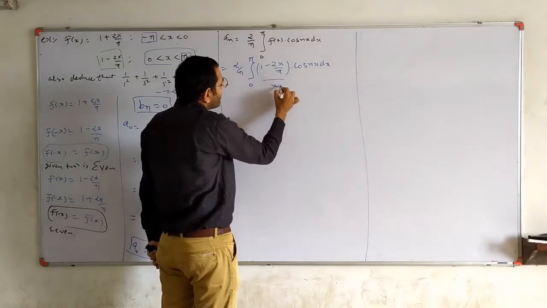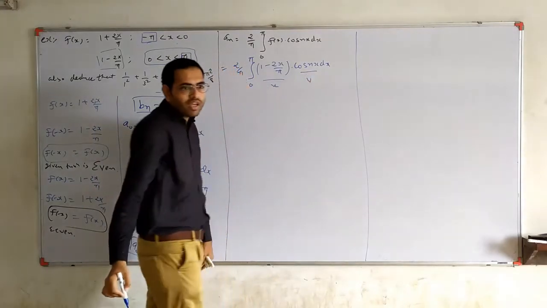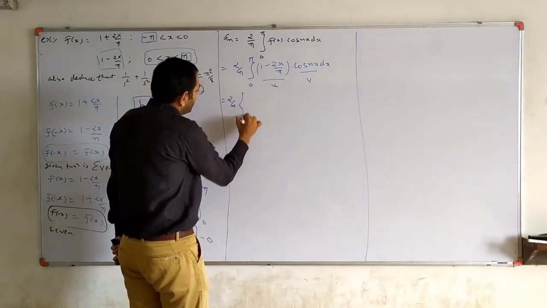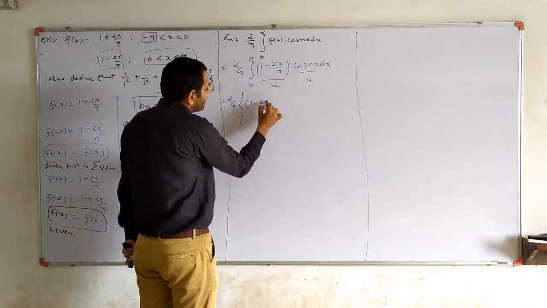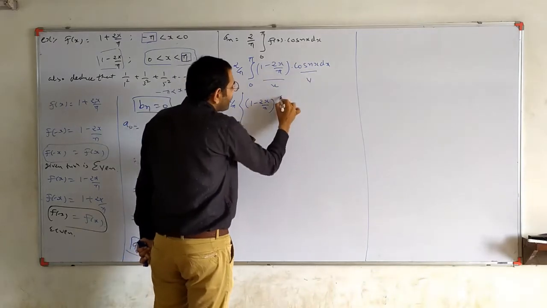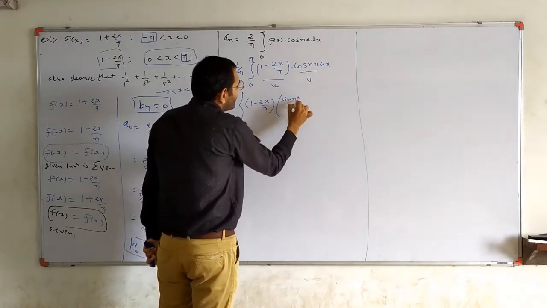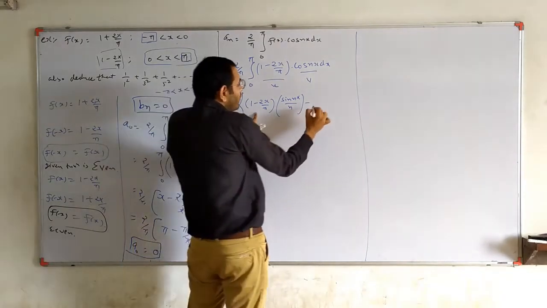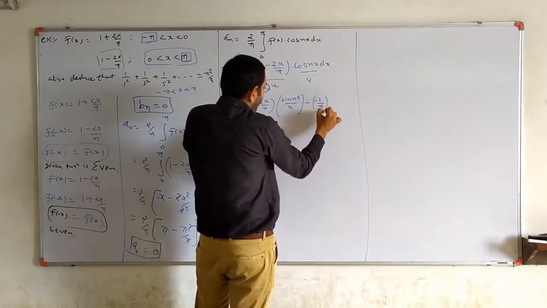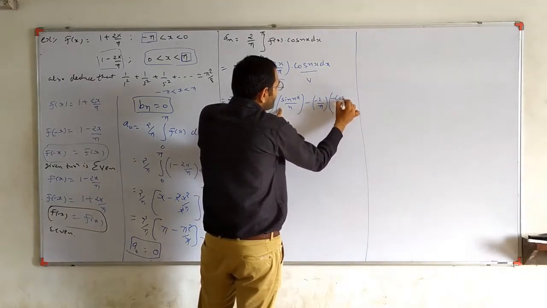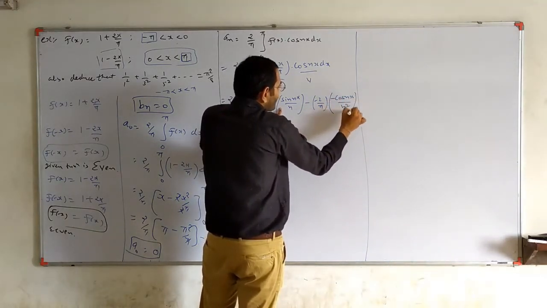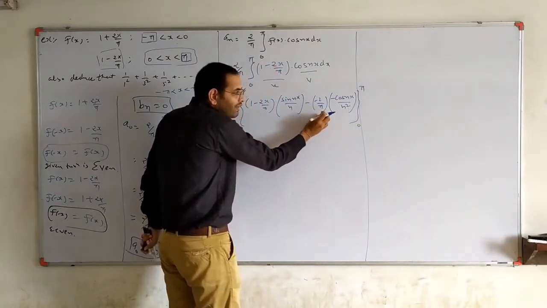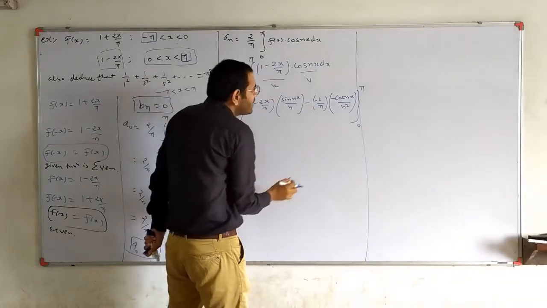This term is indicated by u, this term is indicated by v according to the LIATE rule. Then integral: u as it is, integral of v means sin nx by n, minus derivative of u, which gives minus 2 by pi, integral of this one, then minus cos nx upon n square. Here 0 to pi, this one is a constant, the derivative of a constant is 0, then 0 into anything is 0.